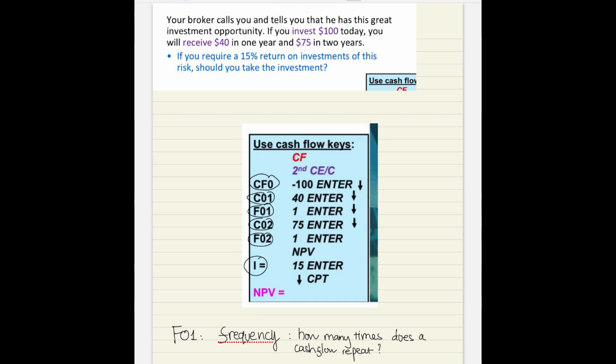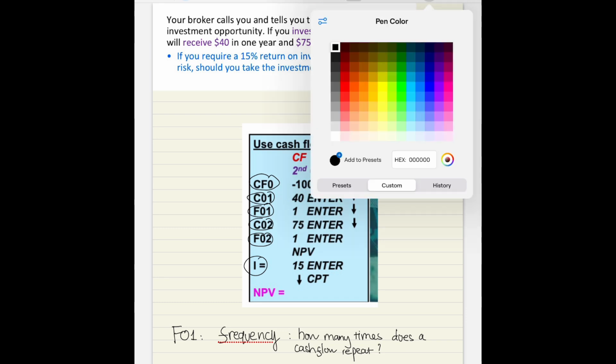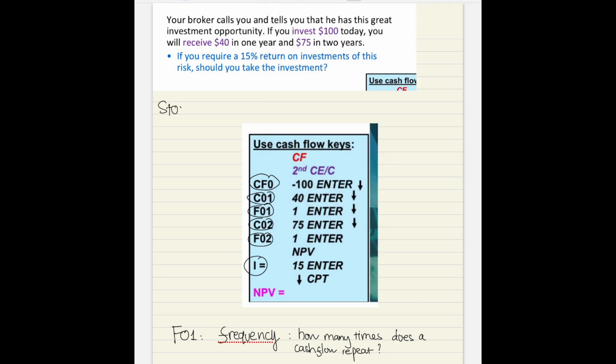Imagine if you have a stock and it pays you a dividend, and this one is a fixed dividend of $5, which means that every year it pays you $5. So $5, $5, $5, $5, $5, forever. As long as you or your family keep the stock, it pays you $5 every year.